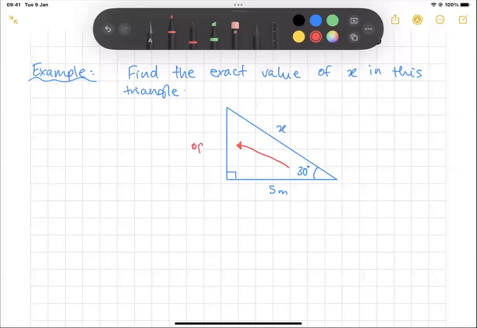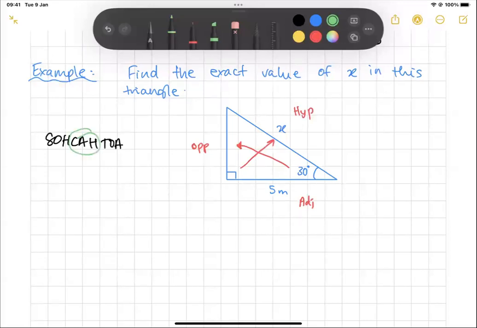So let's first label it. The opposite of the angle is the opposite side. The opposite of the right angle is the hypotenuse. And my lucky last side is the adjacent. All right, let's go. SOHCAHTOA, I'm going to write it down. Where is my given information? My given information is on the hypotenuse and the adjacent side.